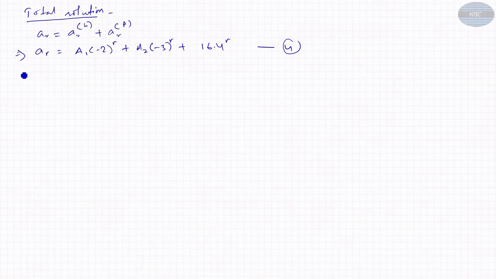Okay, so let me call this equation 4. I will put the boundary condition. So put A2 is equal to 278, that is r is equal to 2.